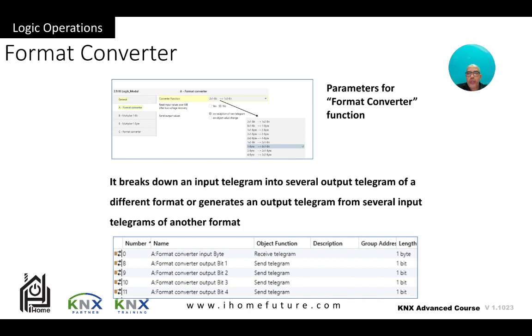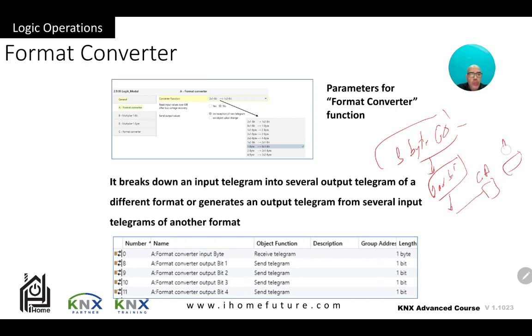So one of them is the format converter. Let's say I have a 1 byte group object, and I need to take part of it, like the second bit as an example, and put the value of the second bit in a group address with another group object which is 1 bit. Okay, I can do this using the format converter.